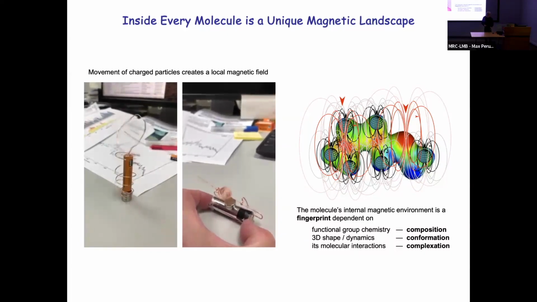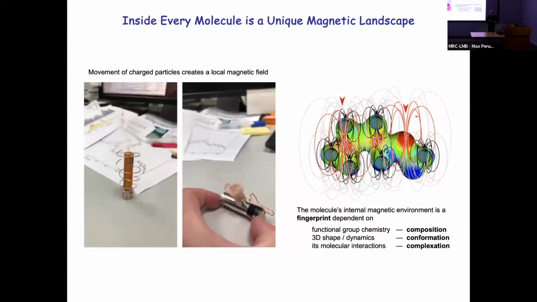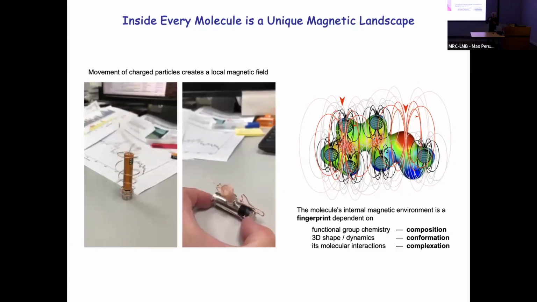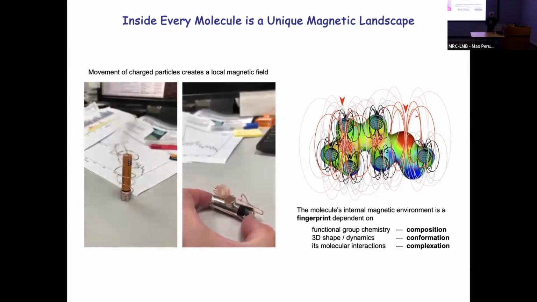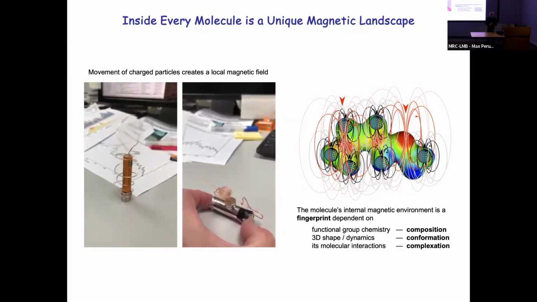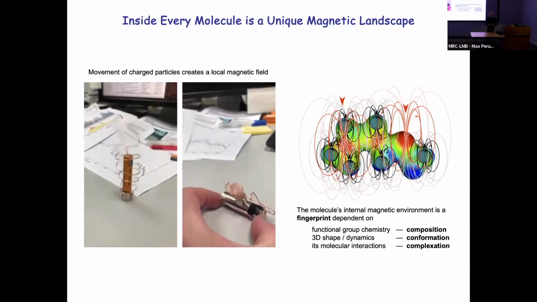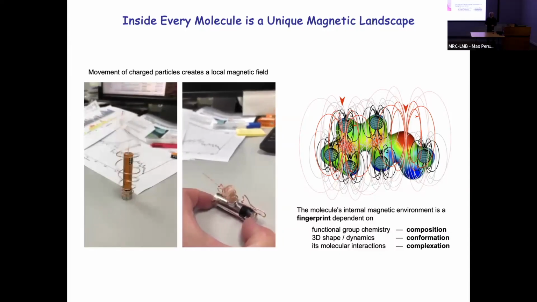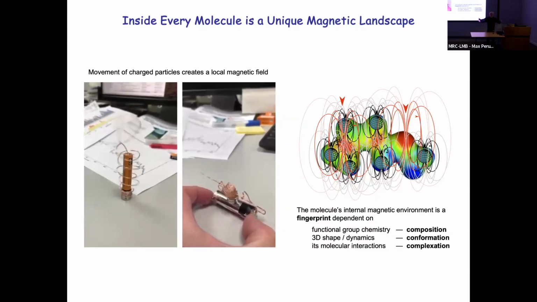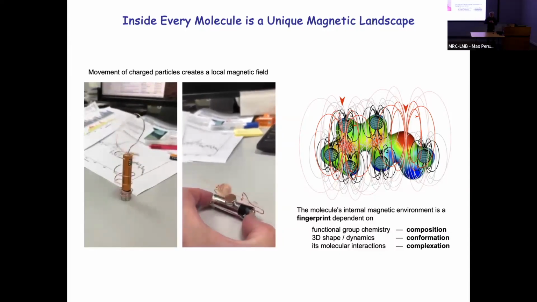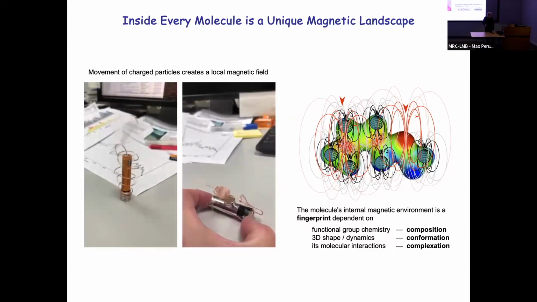And NMR is a technique in which we use these local magnetic fields to give us information about the composition inside the molecule, the functional group chemistry, the shape of the molecule, the conformation, how that shape changes with time, the dynamics, and also any molecular interactions and binding events and complexation that we see.